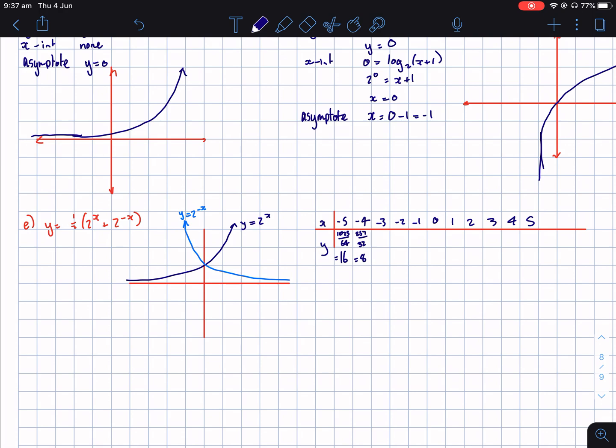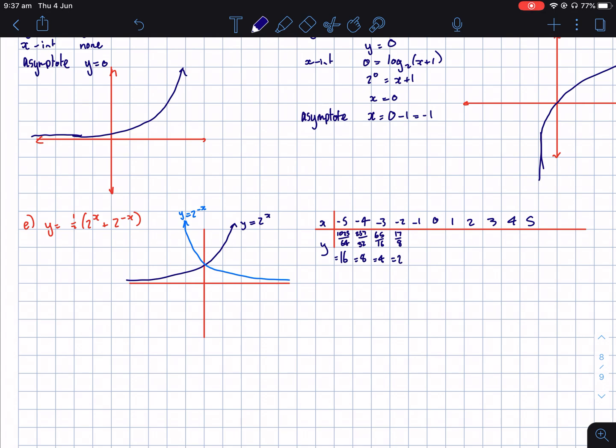This one is 65 over 16, which is 4-ish. Okay. And then let's chuck in -2, sorry. And we've got 17 over 8, which is like 2-ish.